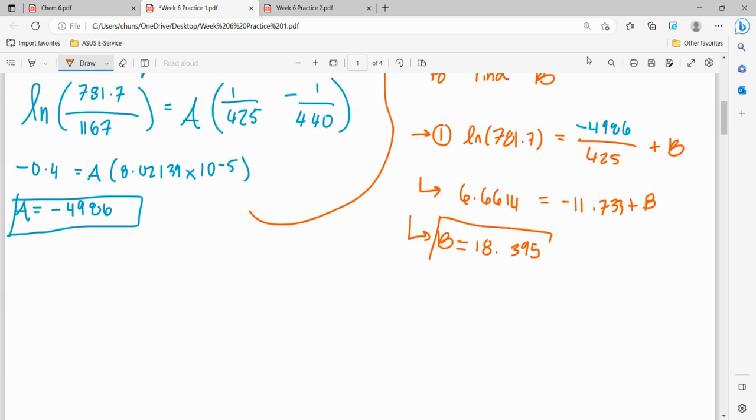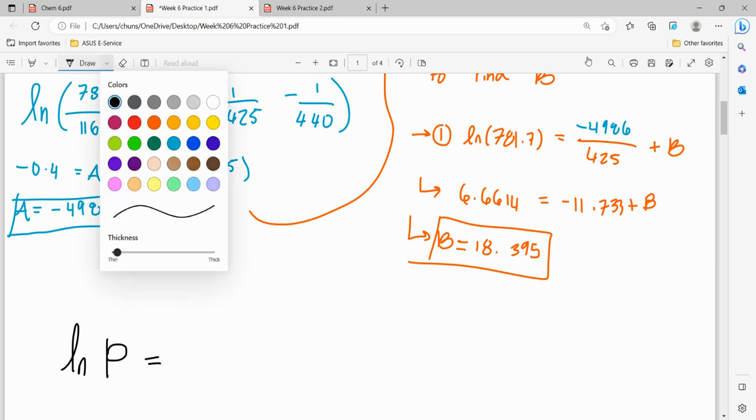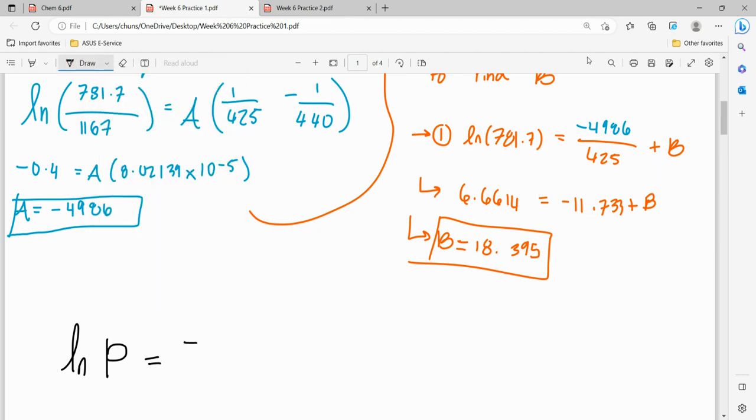Now we're going to combine this into one equation. So ln P is equal to A over T plus 18.395.